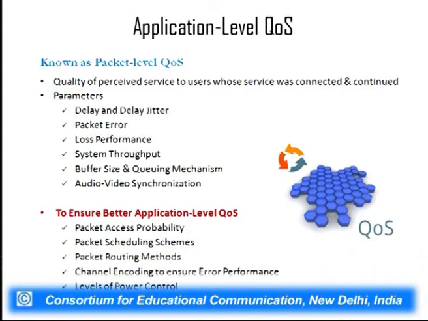If there is much loss in the frames, then what type of performance is it going to give? The system throughput, even the buffer size and queuing mechanism are again very important parameters that define the quality of service at application level, because for the new calls that get into the system, it is up to the efficiency of the queuing mechanism how these new requests have to be handled.